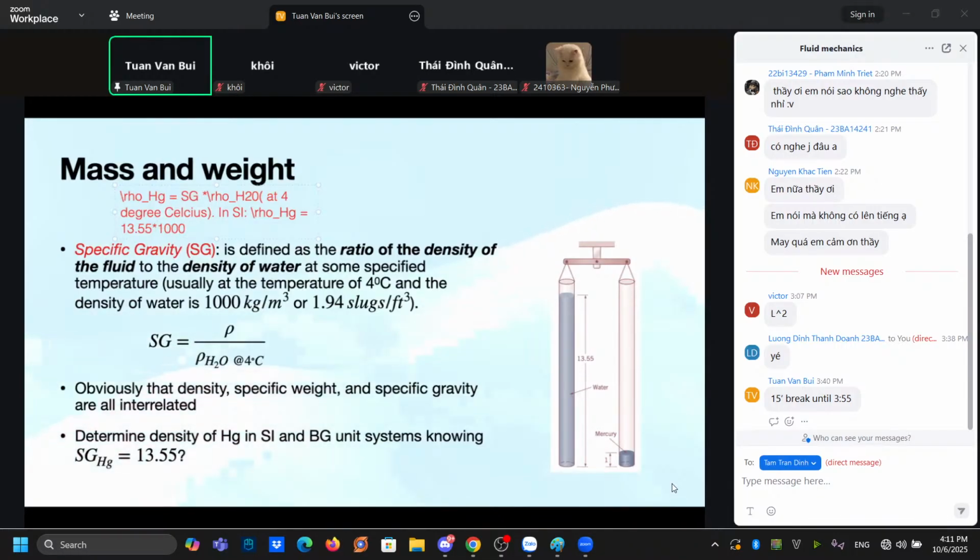Similarly, in the BG unit system, it equals 1.94 multiplied by 13.55.